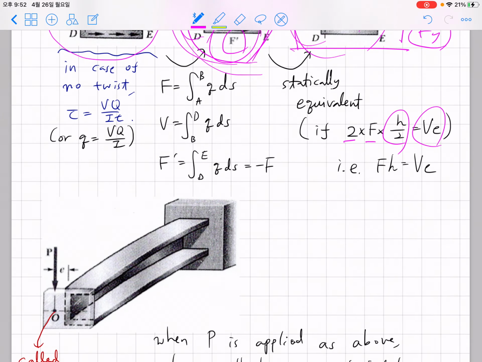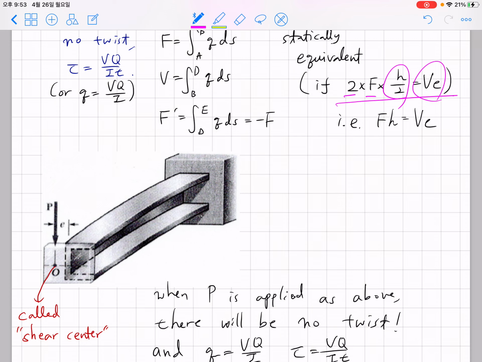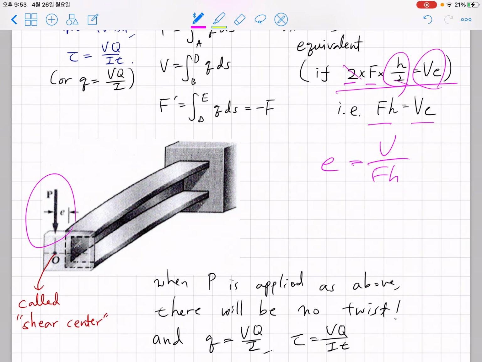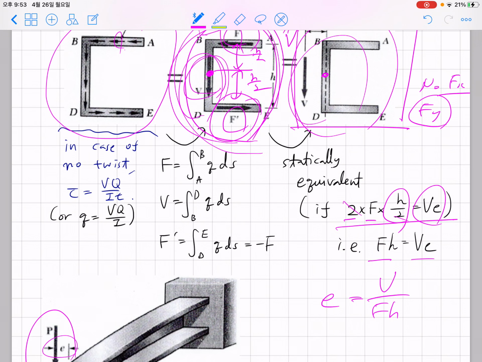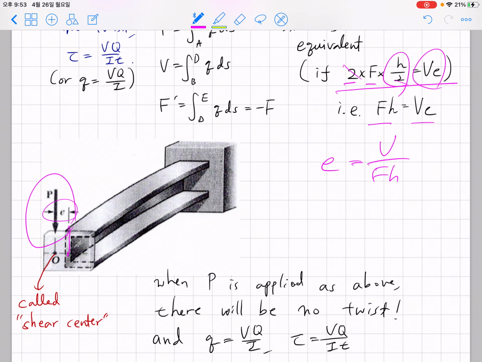By recognizing the equality between the left-hand side and the right-hand side, and cancelling 2, Fh equals Ve. So e equals Fh over V. In other words, if you apply your force e distance away from this center, then there would be no twist, such that you can use the equation VQ over It.